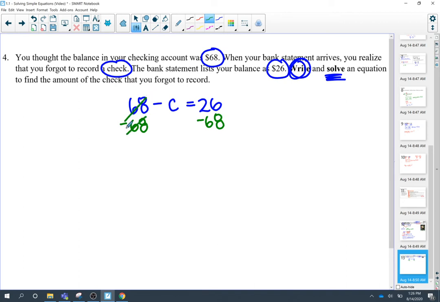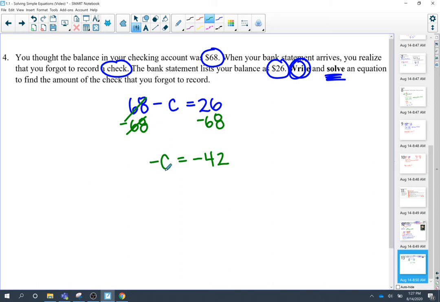Now, in this case, do you notice that that is not just C, it's a minus C. So when you bring it down, you have to bring minus C. Then we're going to take 26 minus 68. 68 is larger, which means my answer is going to be negative. And 26 minus 68 is negative 42.